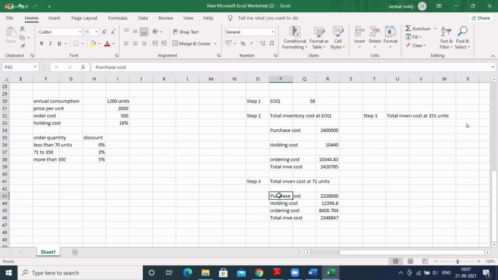Okay. Now again you should calculate the purchase cost. So what is the purchase cost now? What will be the purchase cost?